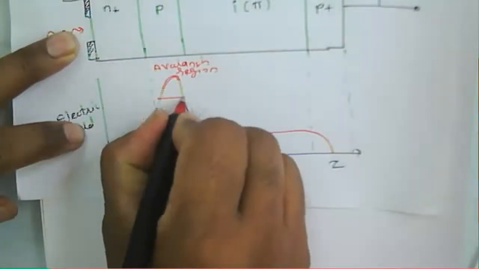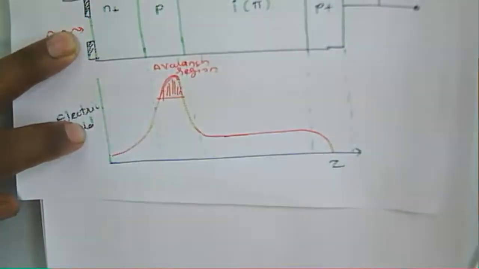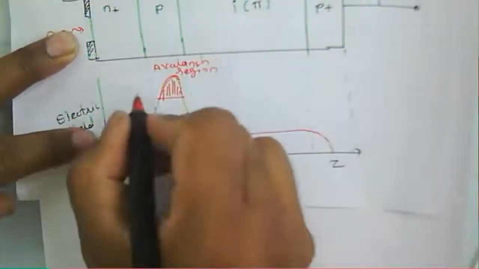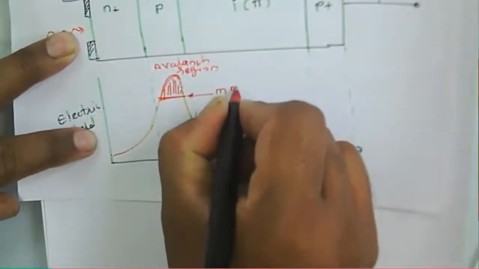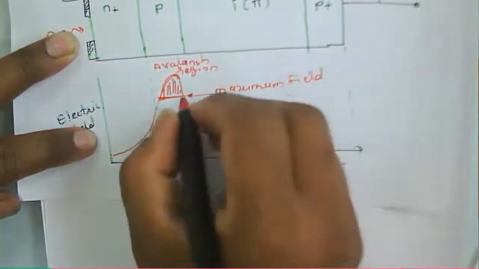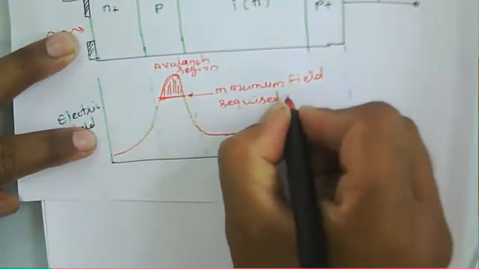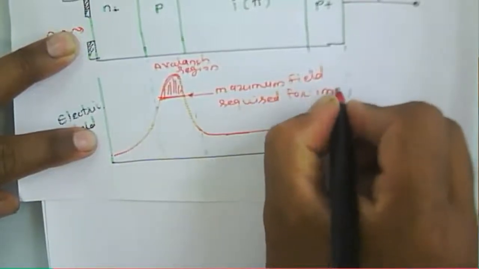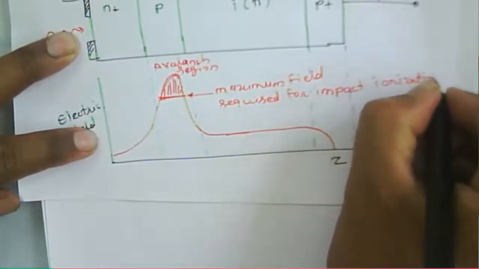So we require some maximum field for the impact ionization. This is the maximum field required for impact ionization.